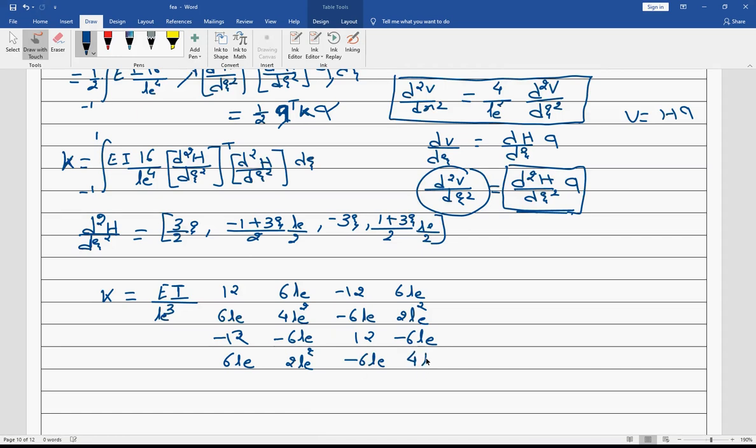Minus 6 Le, 4 Le square. So this is the stiffness matrix, with degrees of freedom 1 2 3 4, 1 2 3 4.